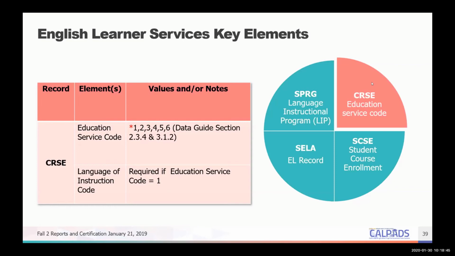And there are 6 education service codes. 1, 2, 3, 4, and 6 provide services. 5 does not, right? If you go to the course data population, you would see that. That's why we have here 1, 2, 3, 4, 5, 6, but 5 is no services.